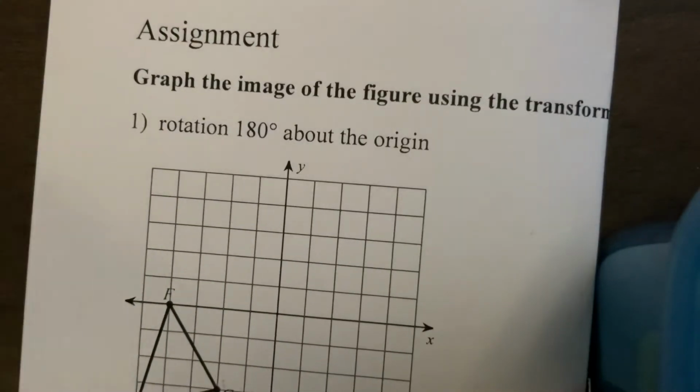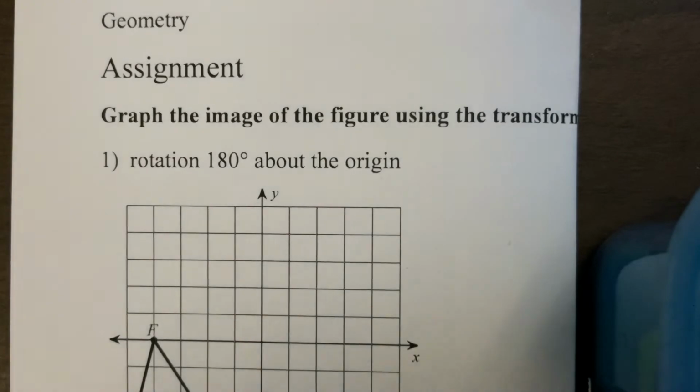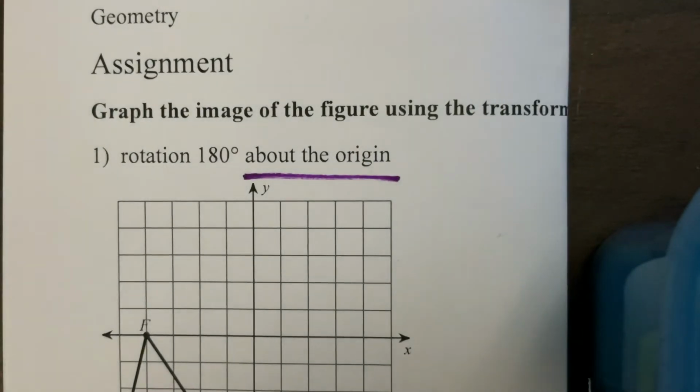Previously we rotated around a coordinate located on the shape. Today we're not doing that, because look at the directions: rotate 180 degrees about the origin.